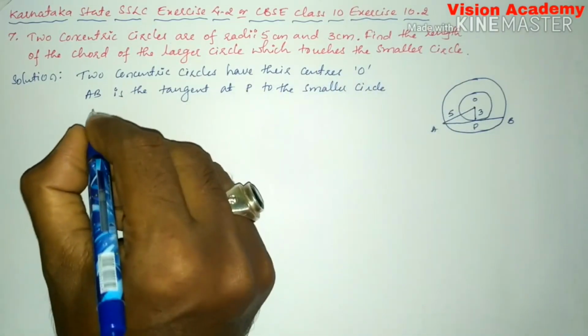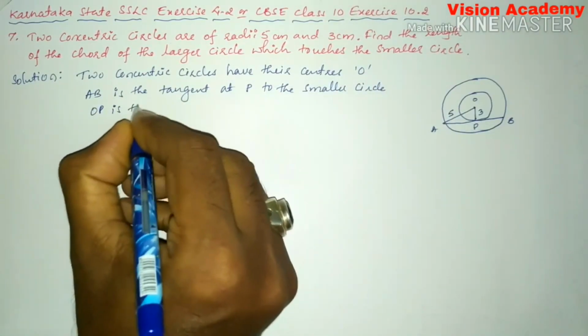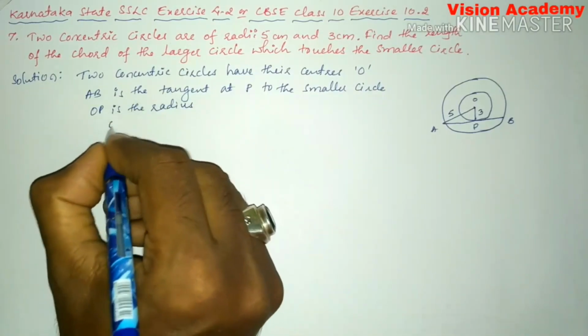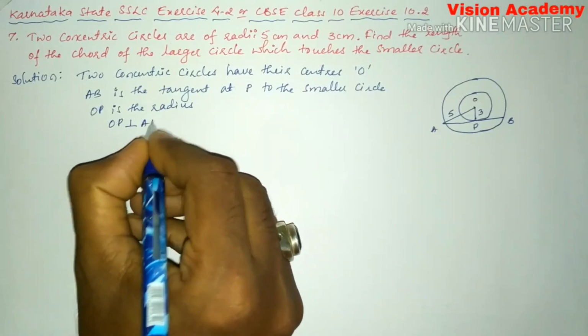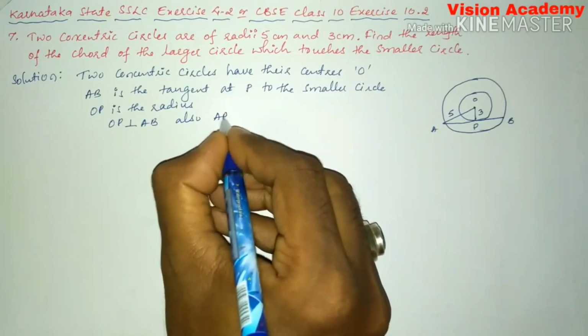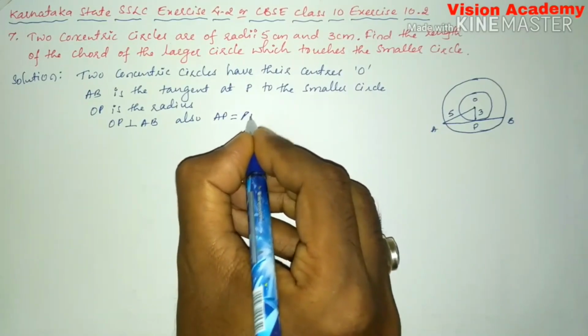OP is the radius. Here OP is perpendicular to AB, and also we can write AP is equal to PB.